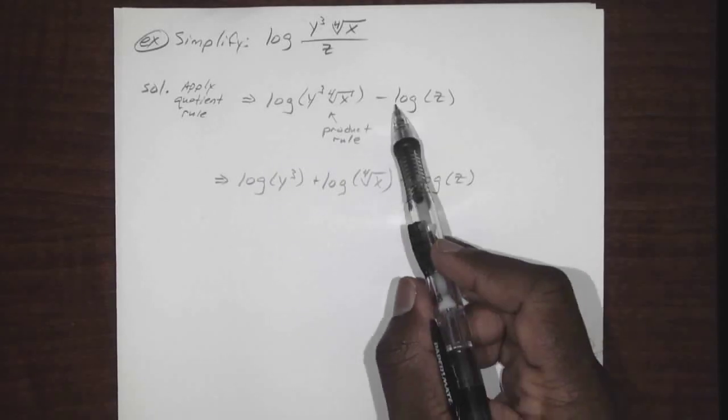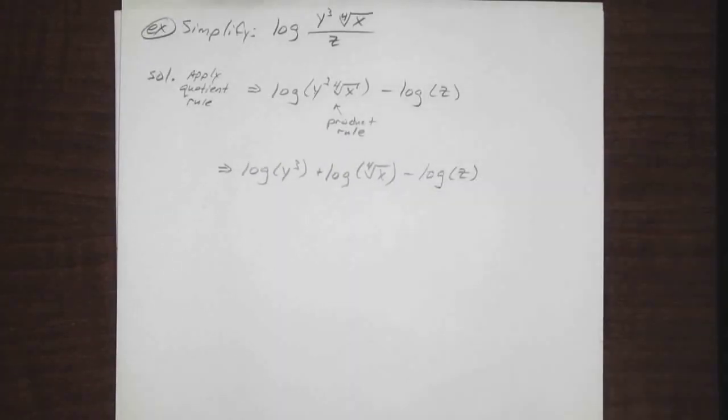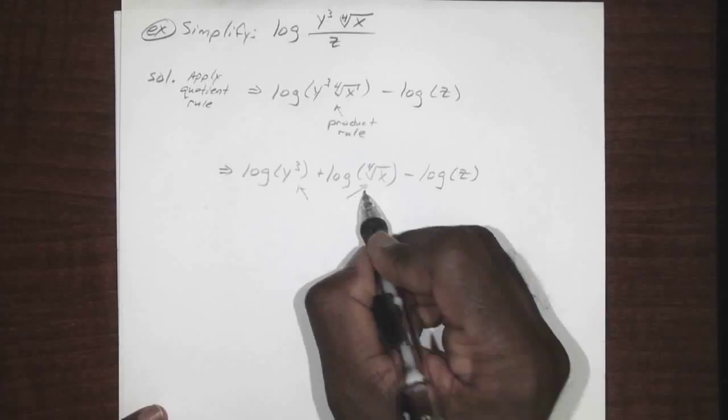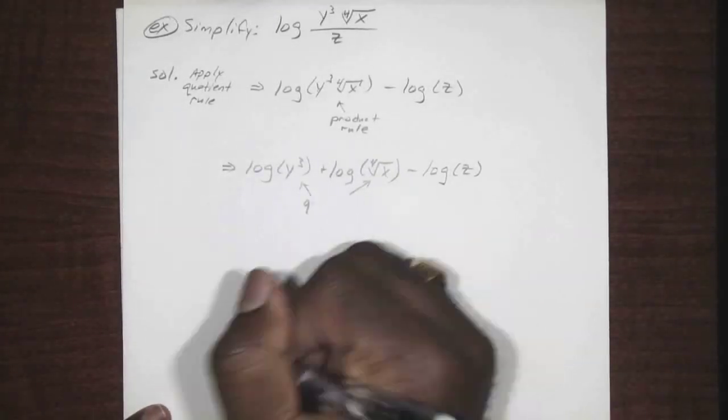Okay. So it's only one term on the other side of this minus sign, so you don't have to worry about parentheses there. Okay. So now once you apply the product rule for these two, you can apply the quotient rule. I mean, not the quotient rule, the power rule.